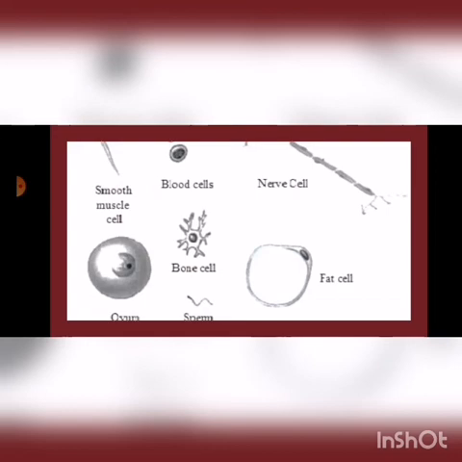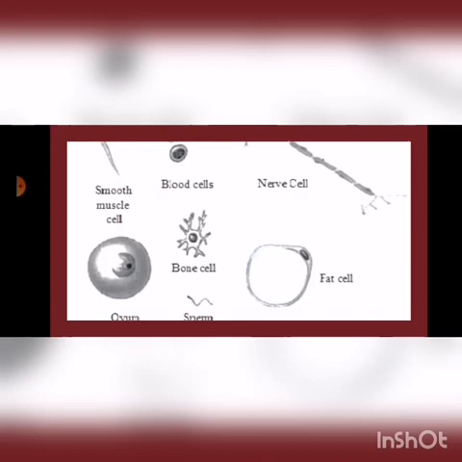Next we go to the size of cells. The size of cells may vary from a millionth of a meter, known as a micron, to a few centimeters, but most of them cannot be seen with the naked eye. We need a microscope to see these microscopic cells.